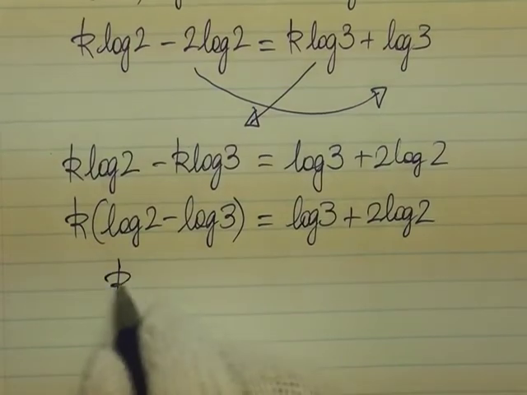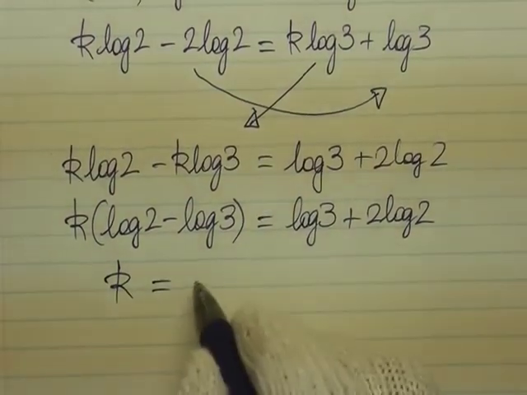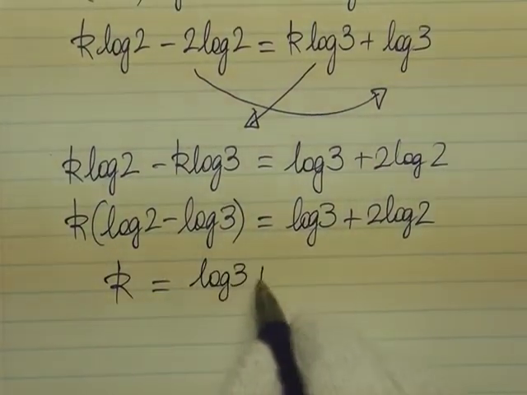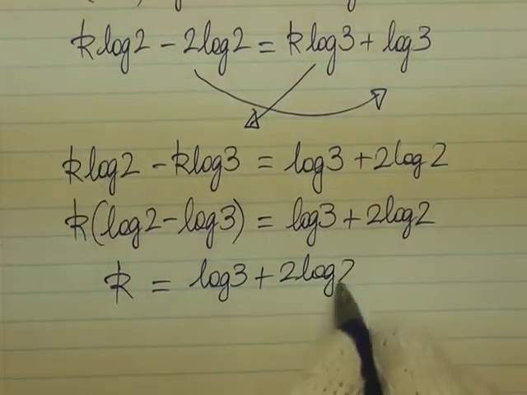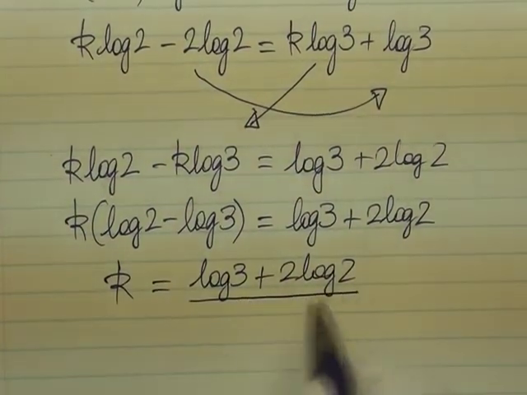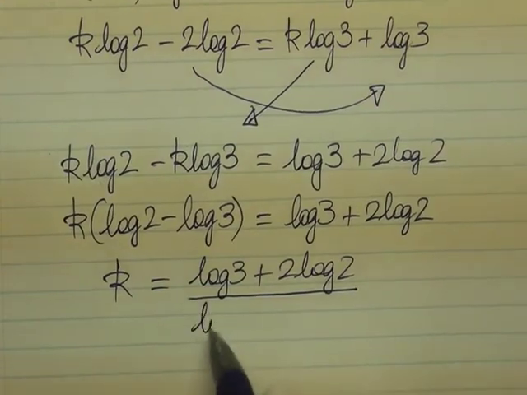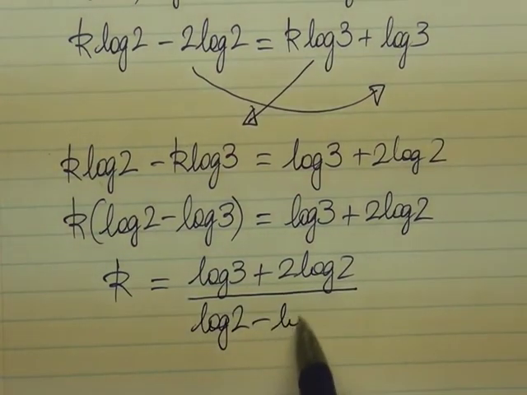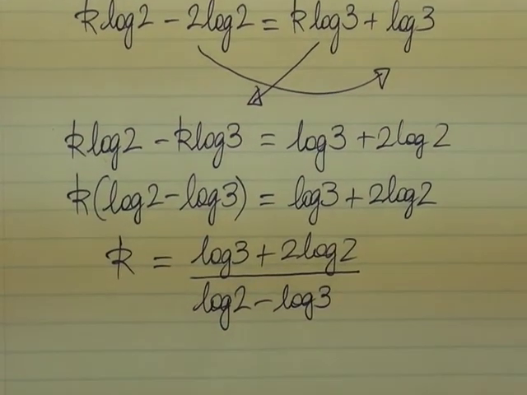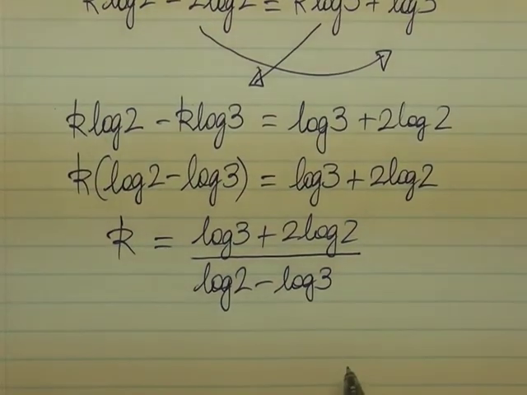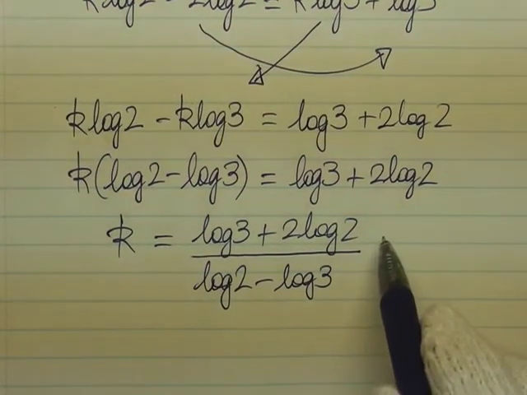And to solve for k, that's going to be log 3 plus 2 log 2 divided by (log 2 minus log 3). That's the exact value.